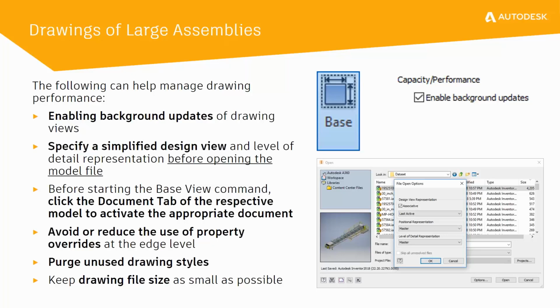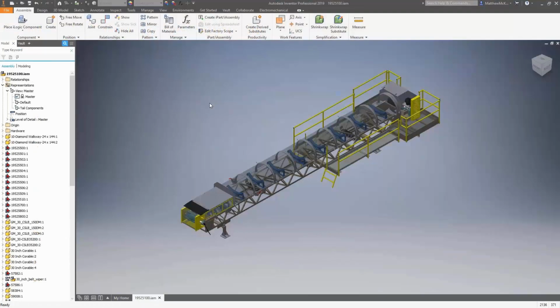You can avoid or reduce the use of property overrides. You can purge any unused drawing styles, and obviously try and keep your file size to a minimum. And that includes the number of sheets and the number of drawing views placed on each of those sheets.